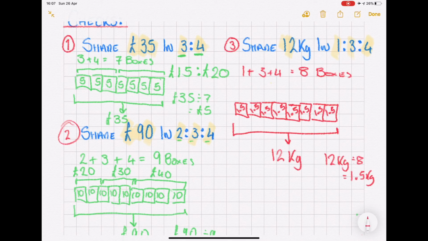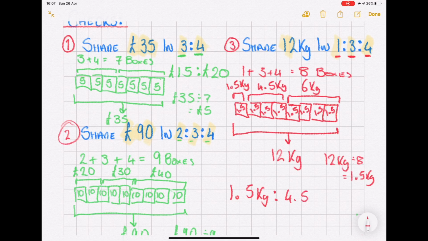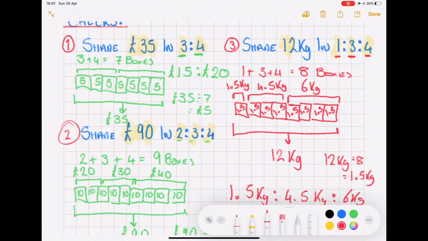Okay, and we're sharing it in the ratio 1 to 3 to 4, so that's 1 box to 3 boxes to 4 boxes. That's 1.5 kilograms to 4.5 kilograms to 6 kilograms. I'm just going to put that down here. 1.5 kg to 4.5 kg to 6 kg. And that there is our final answer.